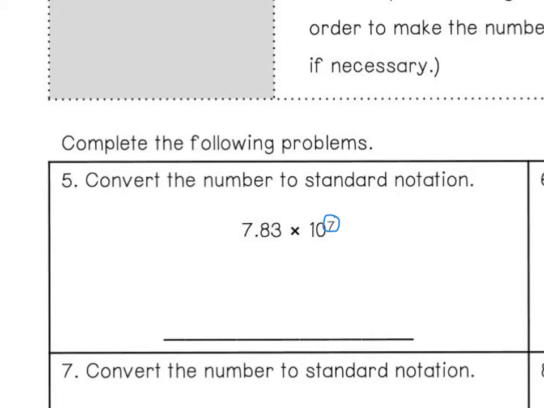So I am going to rewrite this so I have space. And I'm going to move it 1, 2, 3, 4, 5, 6, 7. And I'm going to fill in all of my zeros as placeholders into each little rounded area that I filled in.